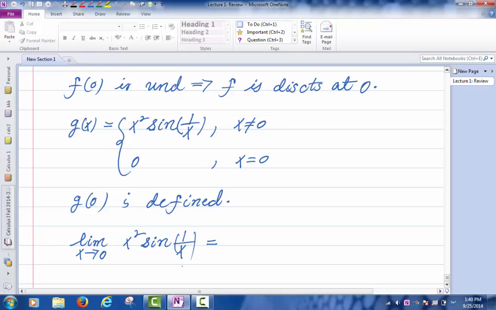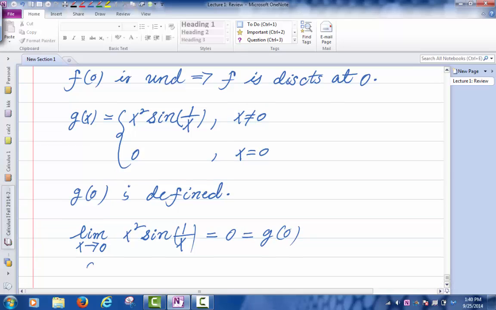Am I making sense? So this limit should be 0, which is the same as g of 0, so I can say that g is continuous at 0. Is everybody okay with that?